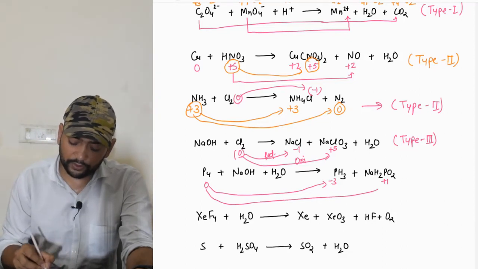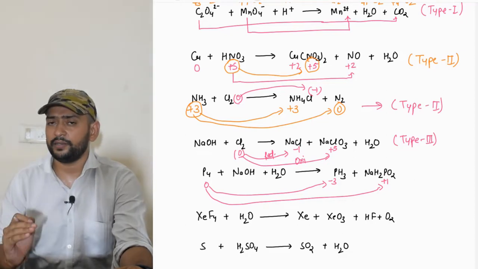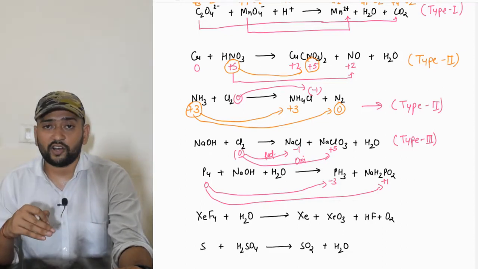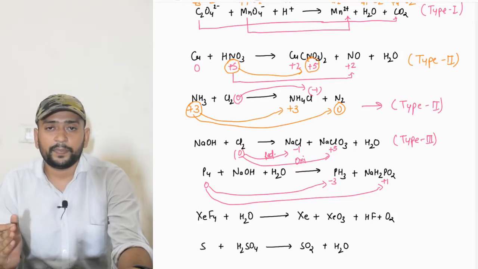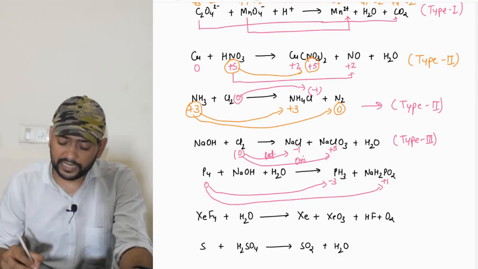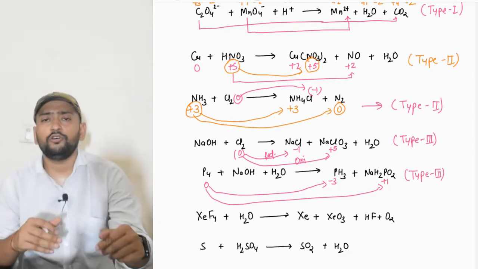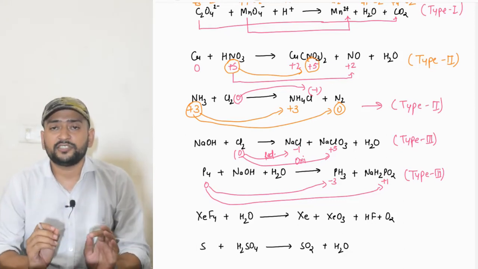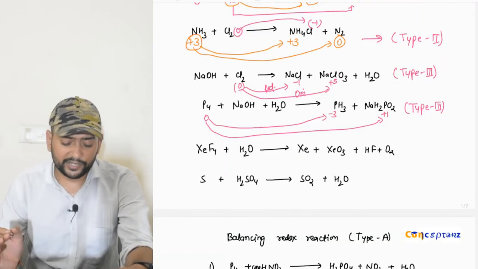So from 0 to minus 3 and 0 to plus 1. In one particular part the same element is getting oxidized, and in another part it is getting reduced. So this reaction is also a kind of type 3 reaction, and this is also an example of a disproportionation reaction. I hope up to this point it is very much clear to you.